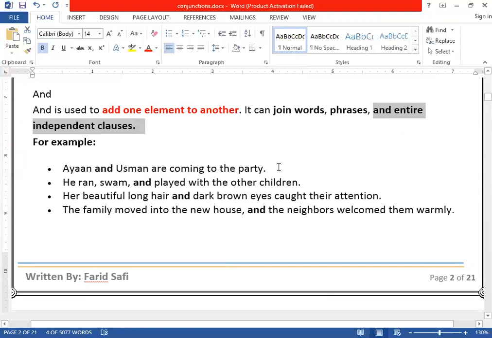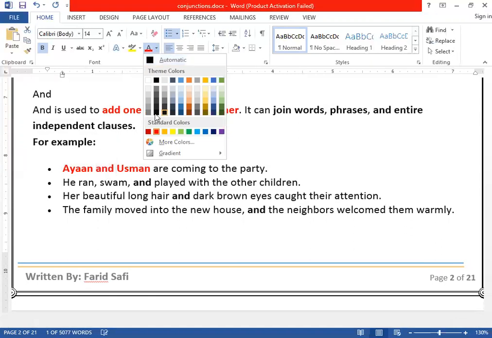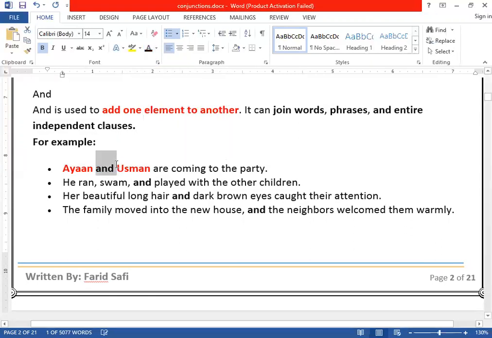Are you getting it? Like for example, Ayan and Usman. Can you see two words? They are two words. And AND is called a conjunction. So it connects two words, not clauses. Now let's take he ran, swam, and played. All of them are verbs. And I told you they join the same things.